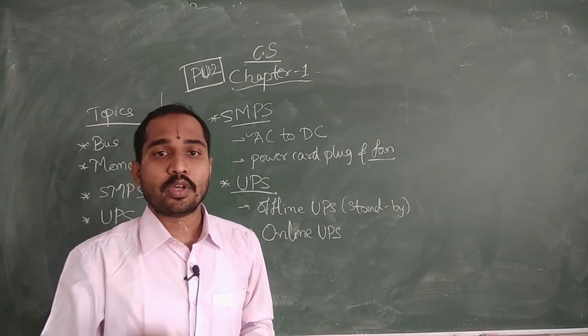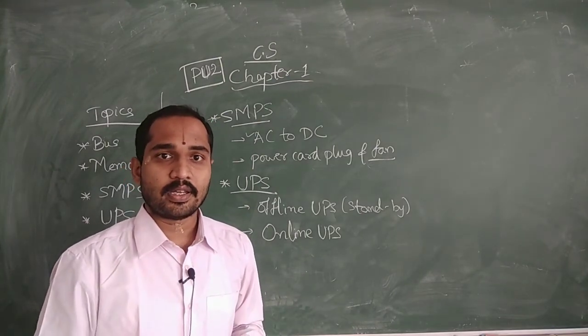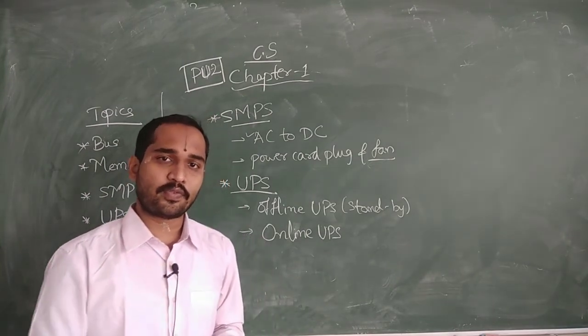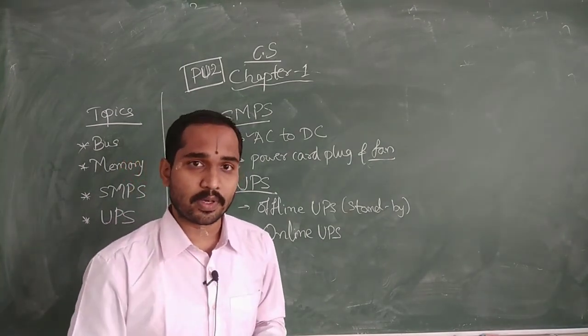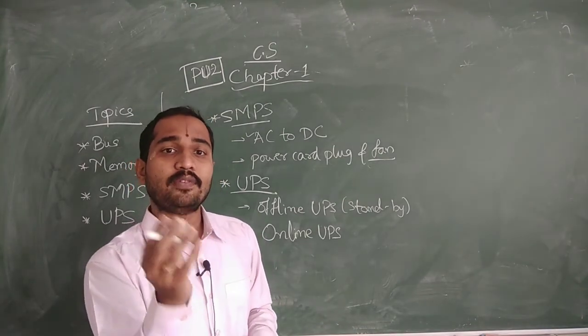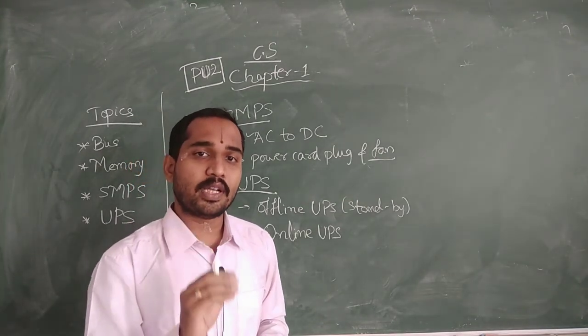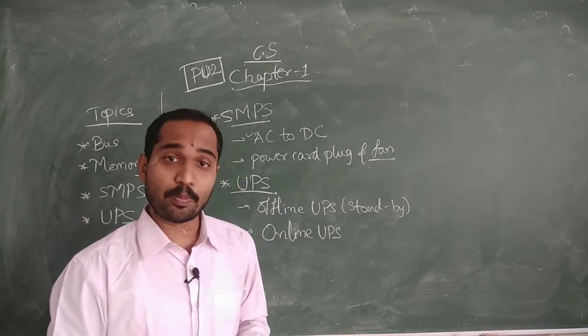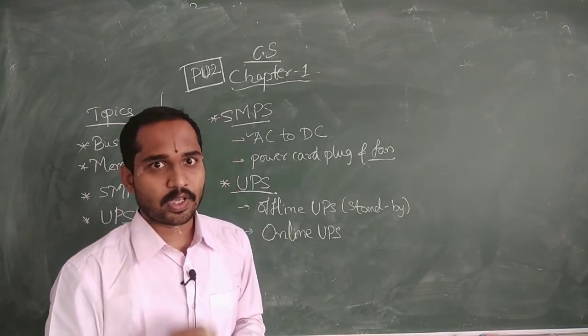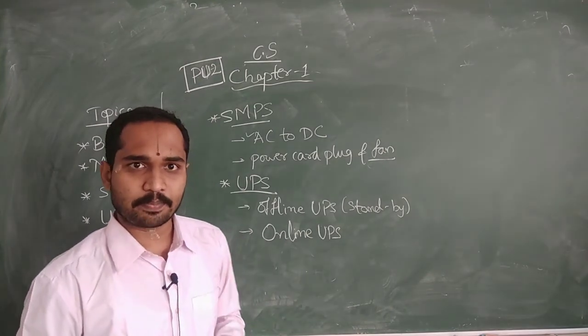So we use a standby UPS, which for 10 or 15 minutes holds the power. It's nothing but a battery. Until we save the data, the power is given by the UPS, and then you can turn the computer off. So this is uninterrupted power supply.